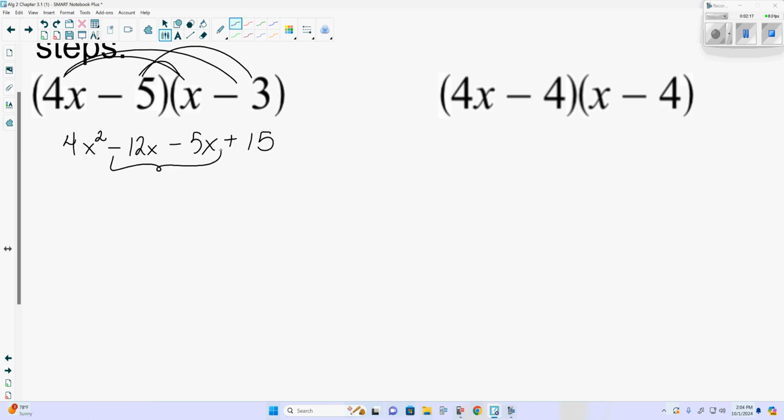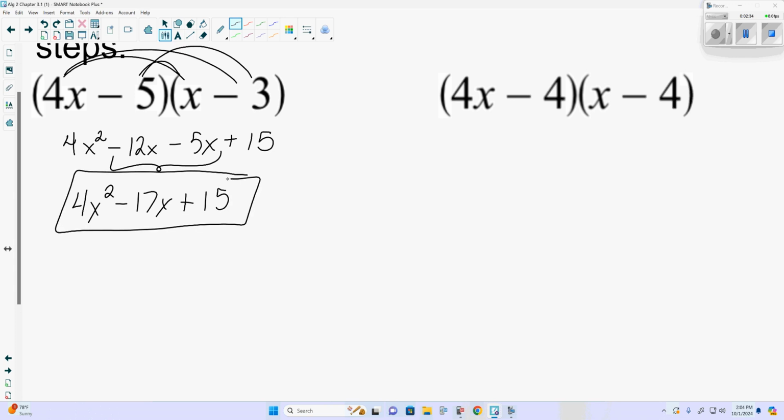Last step's combine our like terms. 4x squared and 15 do not have any like terms, so we'll still have 4x squared. Negative 12x minus 5x, negative 12 minus 5, negative 17x plus 15. That's distributive property.